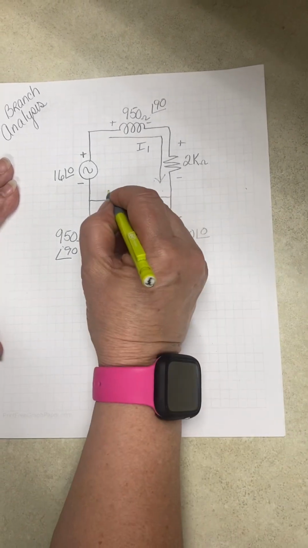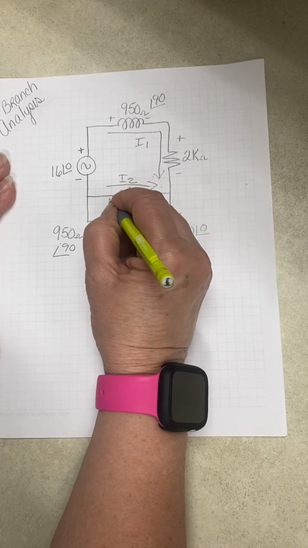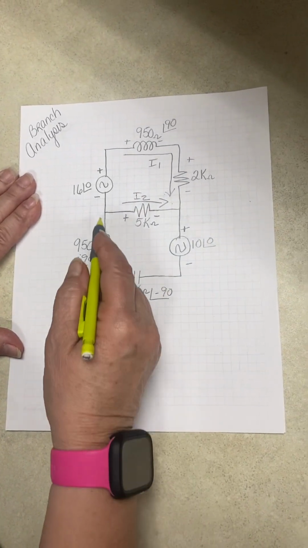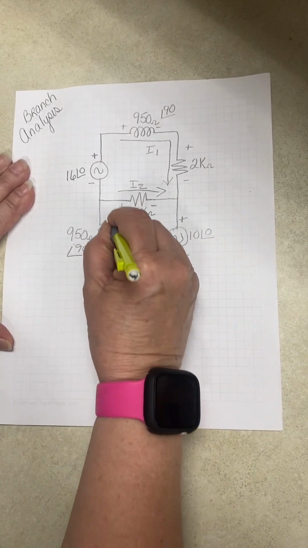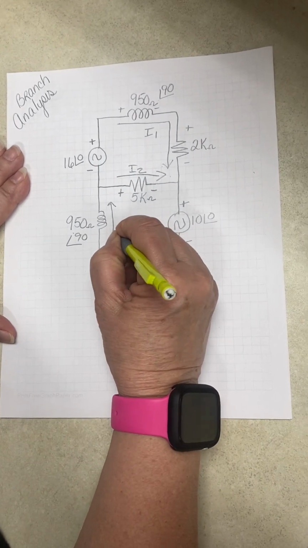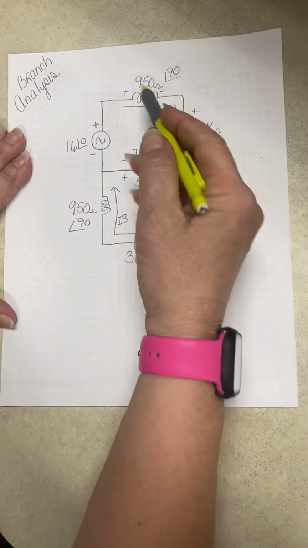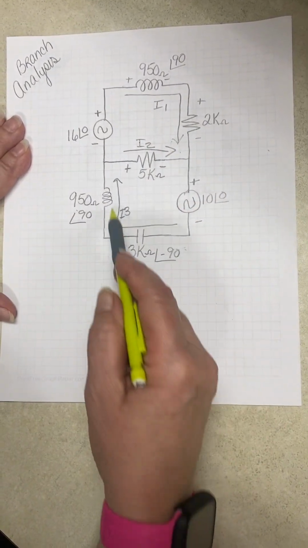And then we're going to go here, I2, because that's an unknown, plus to minus. And then these two are actually in series, so that would be I3, right? Because we're solving for current, so we're solving for the current here, and the current here.